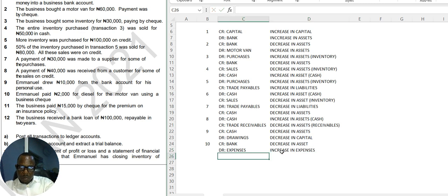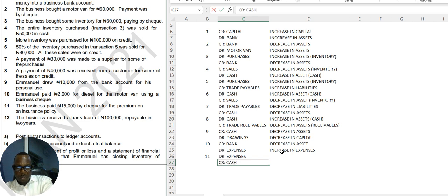Transaction 11. The business paid 15,000 by check for the premium of an insurance. That's insurance expense. So we will debit insurance expenses, and we credit cash.